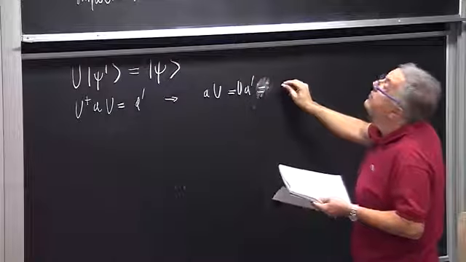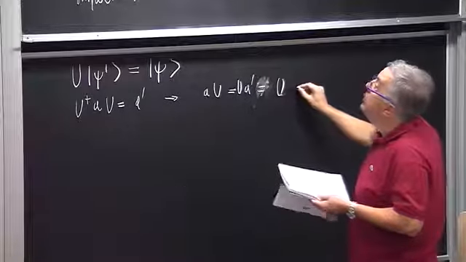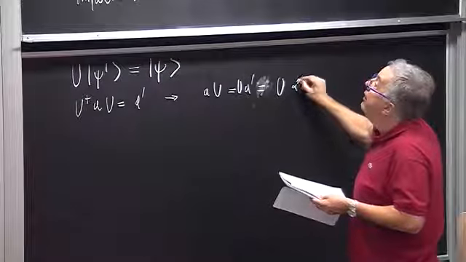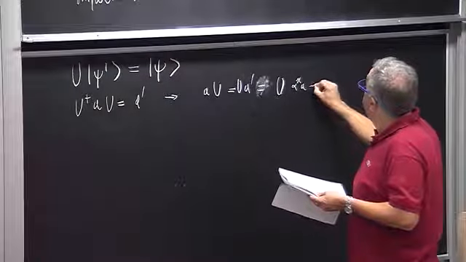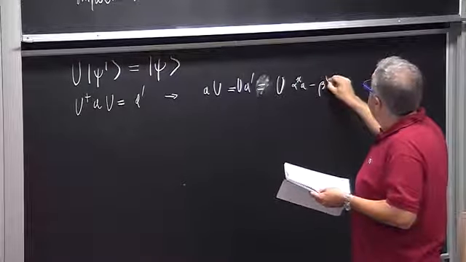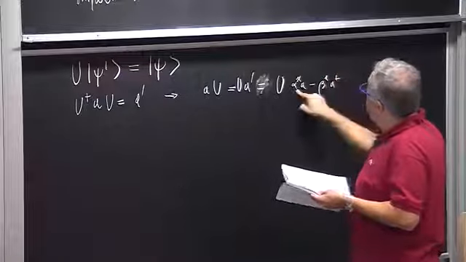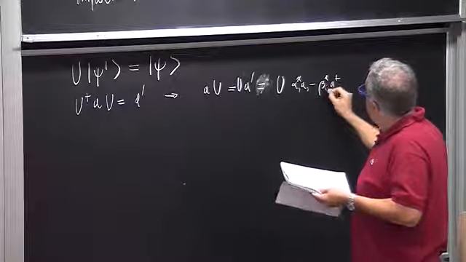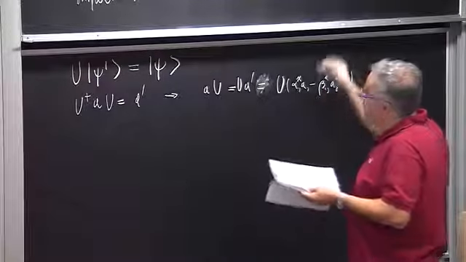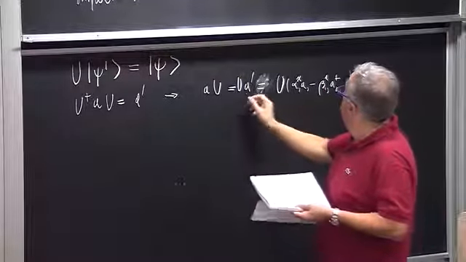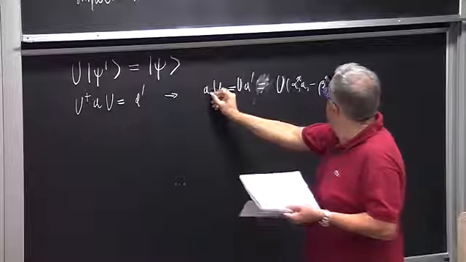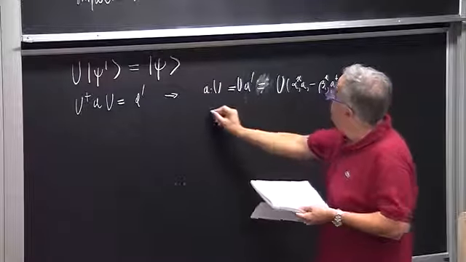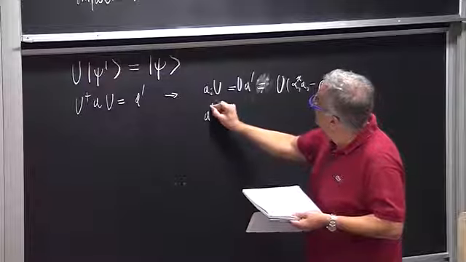A prime is alpha star A minus beta star A dagger. Here there are indices, of course. We have a family of such things. And the same for the dagger.